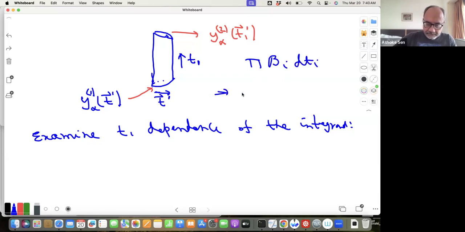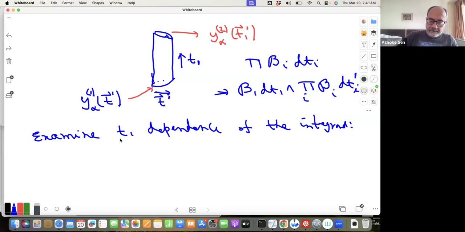In this case it will be B1 dt1 with the product over i of B_i dt_i prime. So the pullback of the measure on this cylinder is given by B1 dt1 times B_i dt_i prime, because these are the variables that we use to label the cylinder.